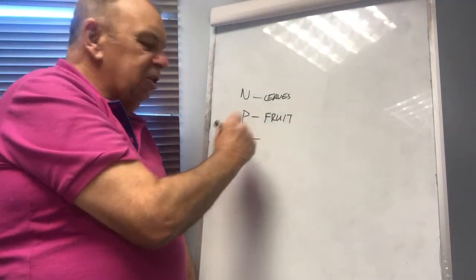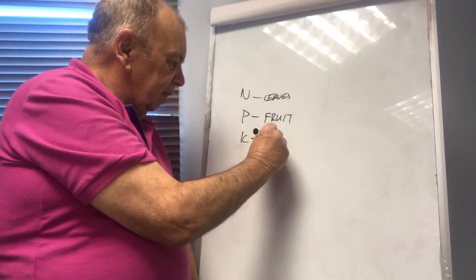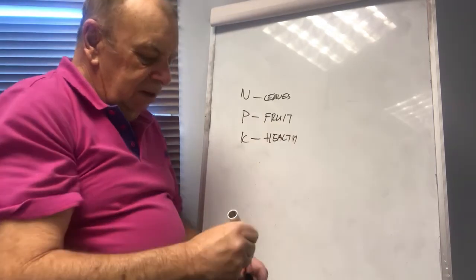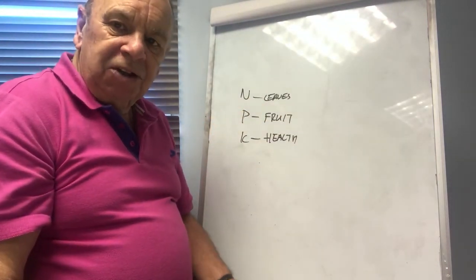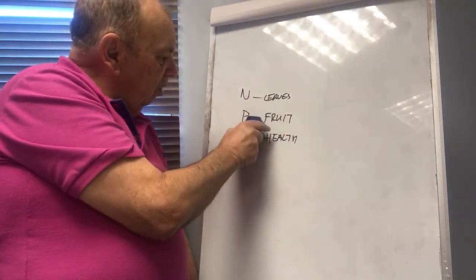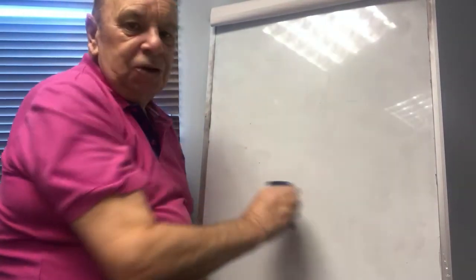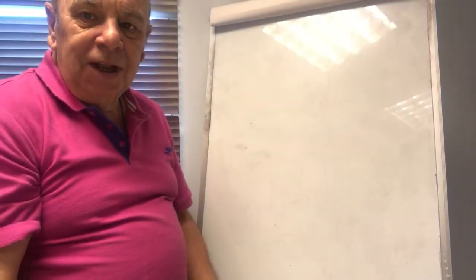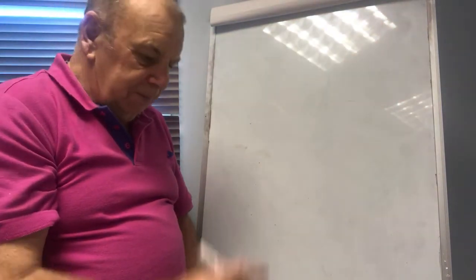And the potassium is for the overall health of a plant. That's what an NPK balanced fertilizer does. It contains a certain proportion of nitrogen, phosphorus and potassium to produce healthy plants, healthy vegetables, healthy flowers, etc.